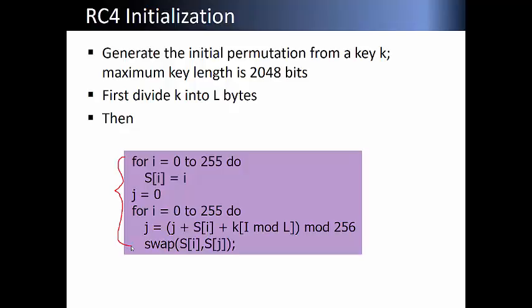For i equals 0 to 255, S[i] equals i, which means S will just be numbers 0, 1, 2, 3, and all the way to 255. So S is generated.